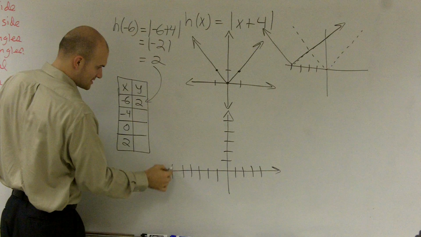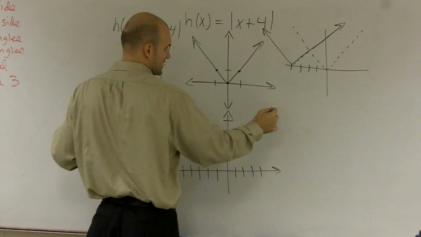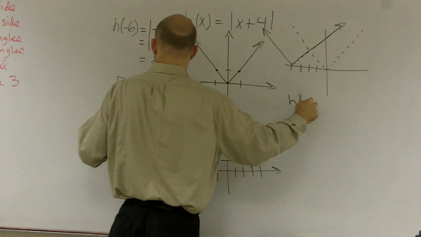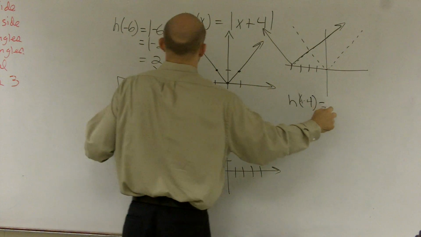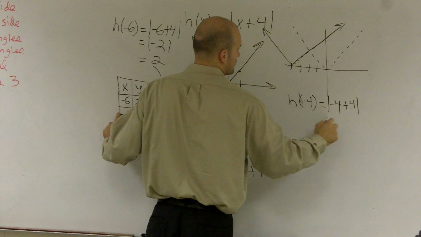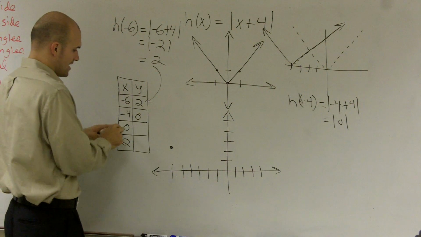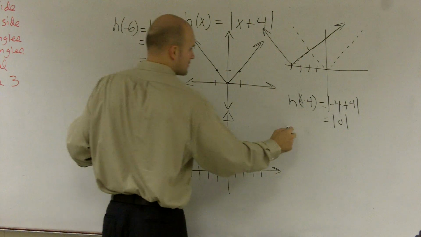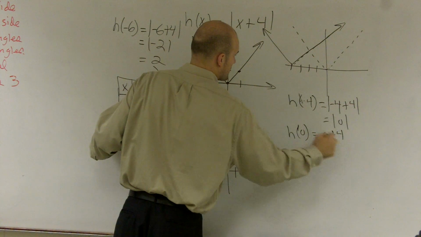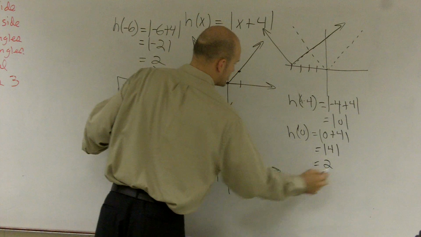So I go over to negative 6 and I go up 2. Then h of negative 4 equals the absolute value of negative 4 plus 4, which is the absolute value of 0, which is 0. Then let's do h of 0. h of 0 equals the absolute value of 0 plus 4.